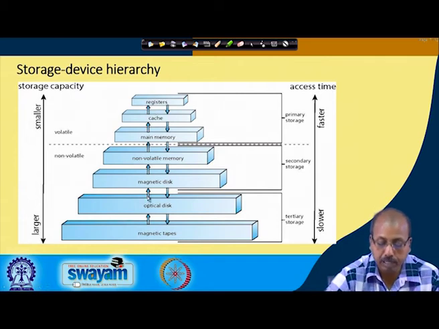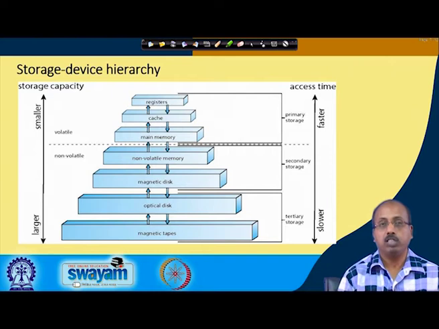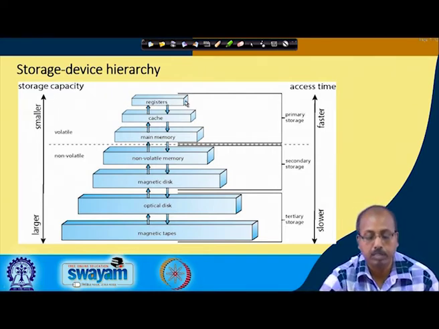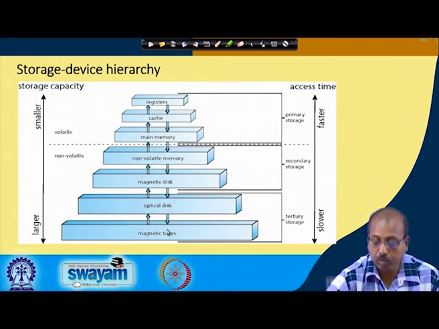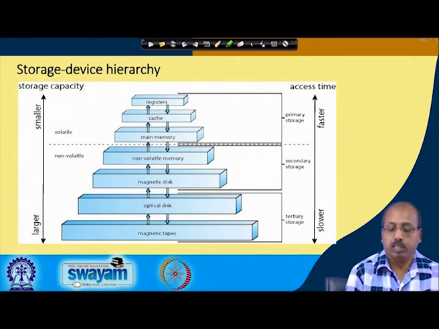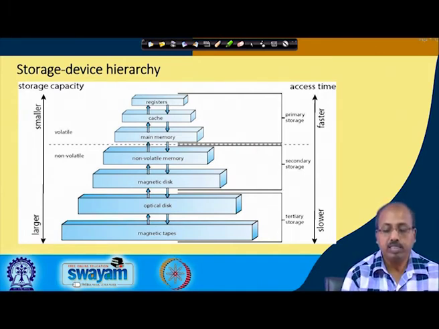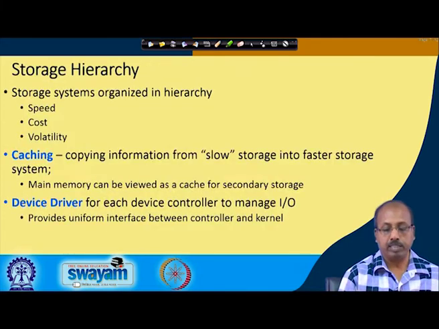If we consider cost per bit, the cost per bit will be high towards the upper side of this pyramid, and as you come to the lower side of the pyramid, the cost will be the minimum, but the corresponding access time will become pretty high. So, this is how the storage device hierarchy is there in a computer system.